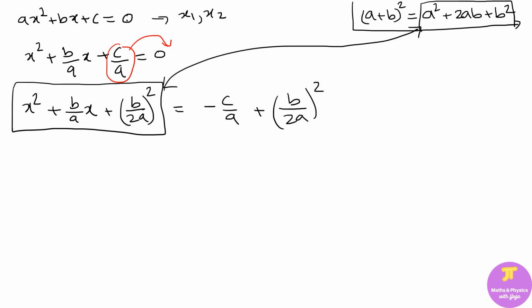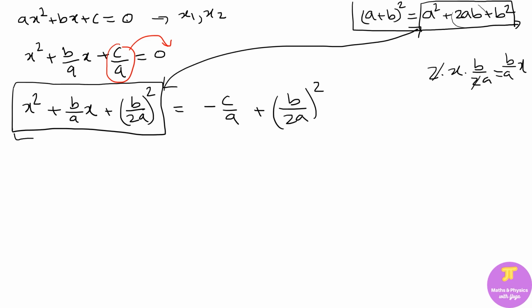Here we have x squared, here we have (b over 2a) squared, and this one is 2 times a times b. Looking at it, 2 times x times b over 2a is actually equal to b over a x.